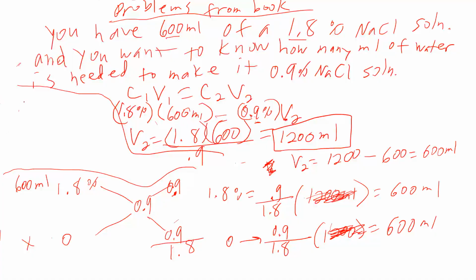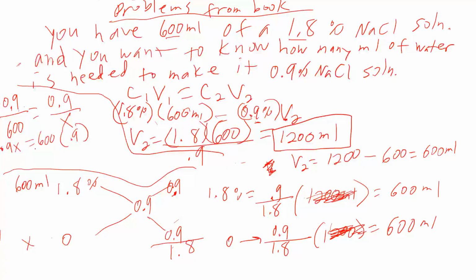So 0.9 parts over 600 equals the parts on the bottom, which is also 0.9, over X. Now 0.9X equals 600 times 0.9.